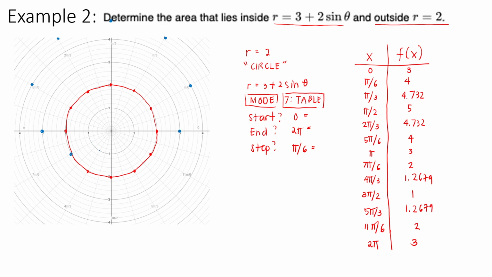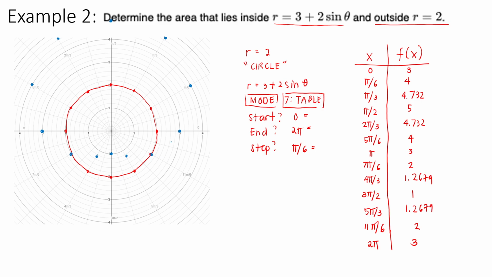Then 1.2, or let's say 1.3, and then 1, 1.3 again, and then 2, and then lastly is 3.